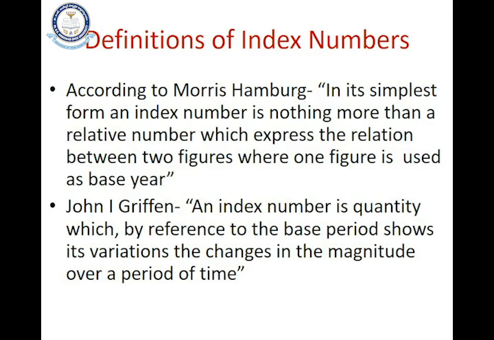As I told you just now, one figure is taken as the base year and the current year price or current year variable is taken as the current year item, and then we express the index number as a percentage. John I. Griffin has also defined the index number: an index number is the quantity by which reference to the base period shows its variation, the changes in the magnitude over a period of time.